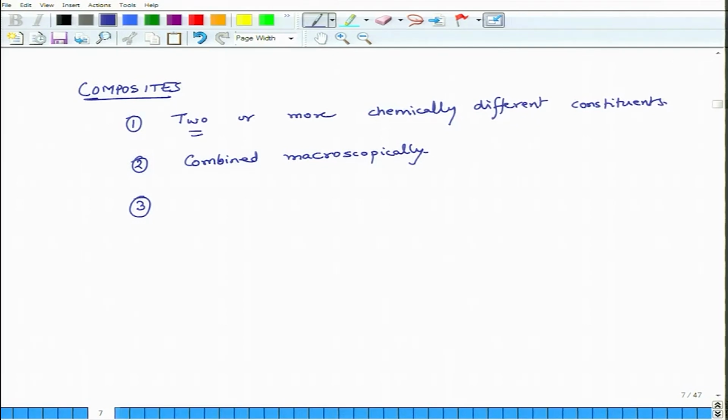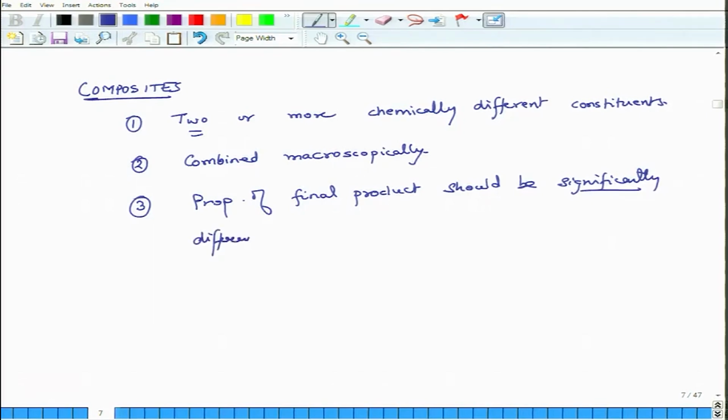So, another way to say that it should yield a new useful material is that properties of final product should be significantly different than that of constituents.